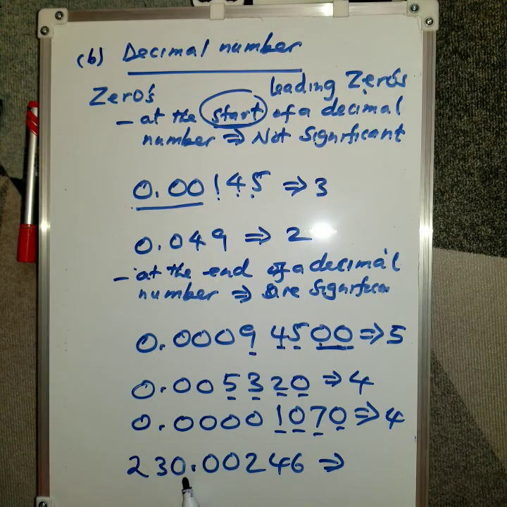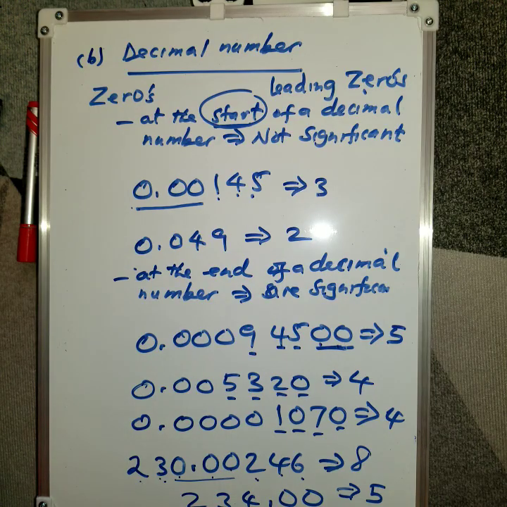Of course, if you notice here, these zeros are in between non-zero digits, meaning they will be counted. So there will be 1, 2, 3, 4, 5, 6, 7, 8 significant figures. If you have 234.00, it simply means that these zeros are going to be counted because you have got digits this side. So there will be 1, 2, 3, 4, 5 significant figures, and that is what you need to remember.